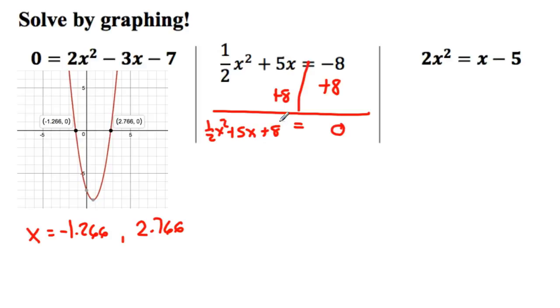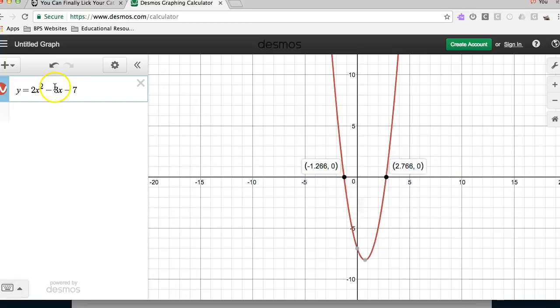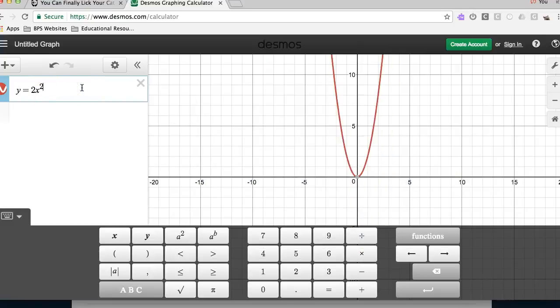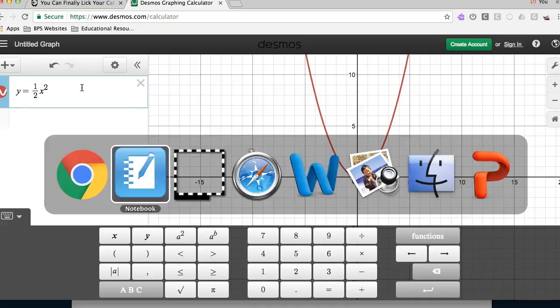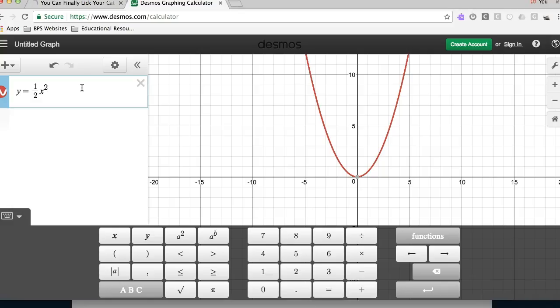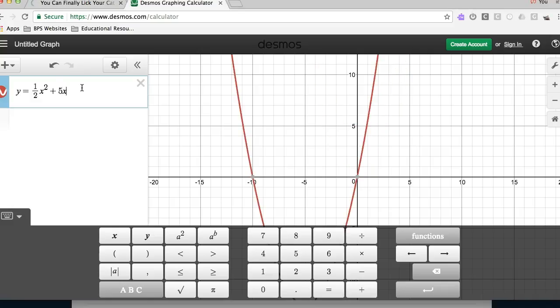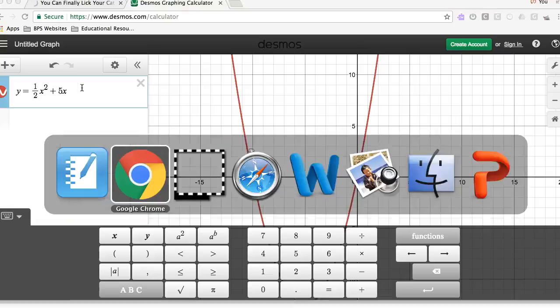Alright, now I can grab this in Desmos. Still is going to be y equals 1/2 x squared plus 5x plus 8.